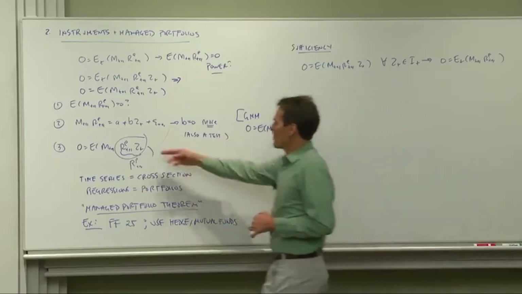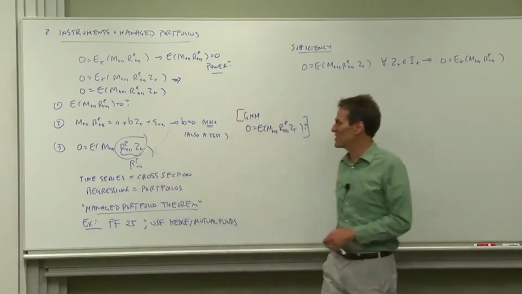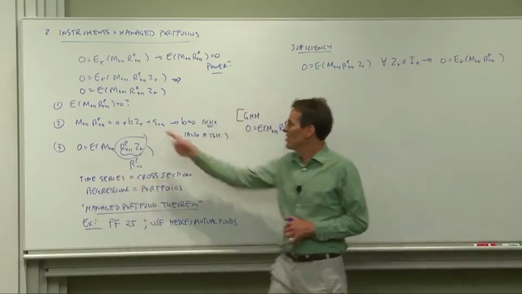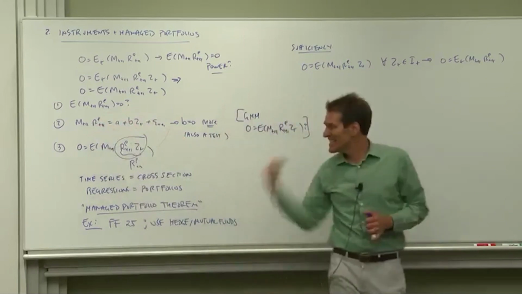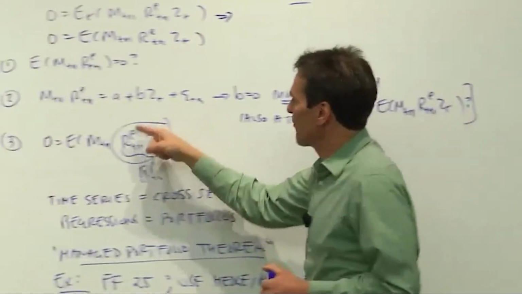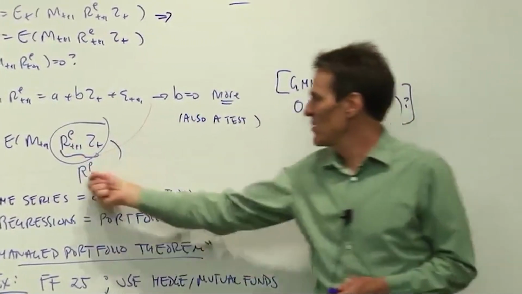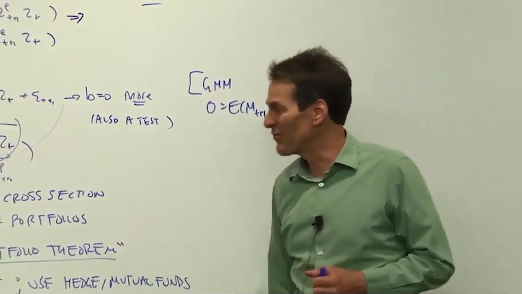So this managed portfolio theorem is another beautiful uniter of the things we do. It tells us that the time series is the same as the cross-section. Running time series tests, can we forecast with regressions, is exactly the same thing as forming managed portfolios and then doing unconditional tests with the expanded managed portfolio returns. The managed portfolio theorem.